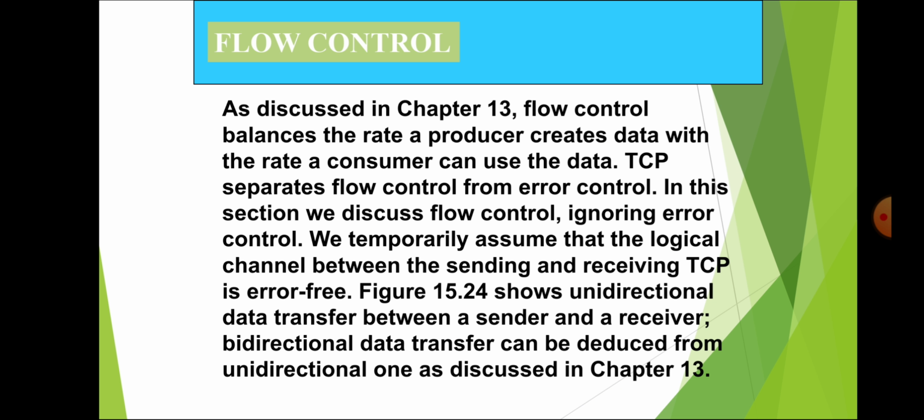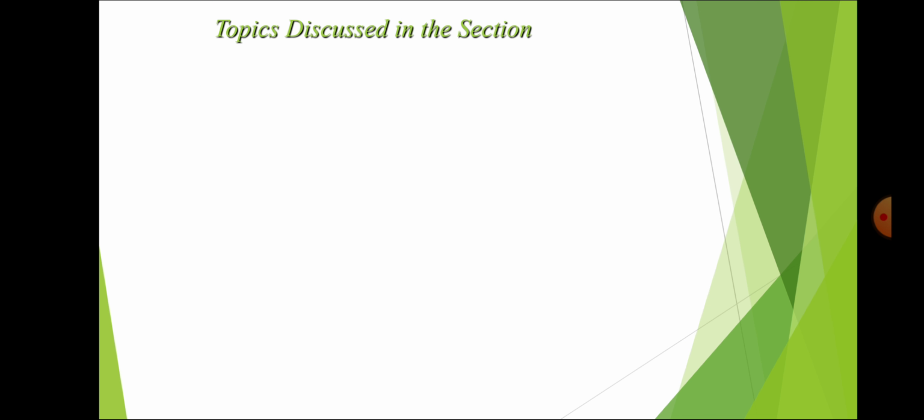So how exactly does flow control run? As discussed in chapter 13, if you go to the Forouzan book, one of the nice TCP/IP protocol suite books, in the chapter on flow control: flow control balances the rate at which a producer creates data with the rate at which a consumer can use the data.